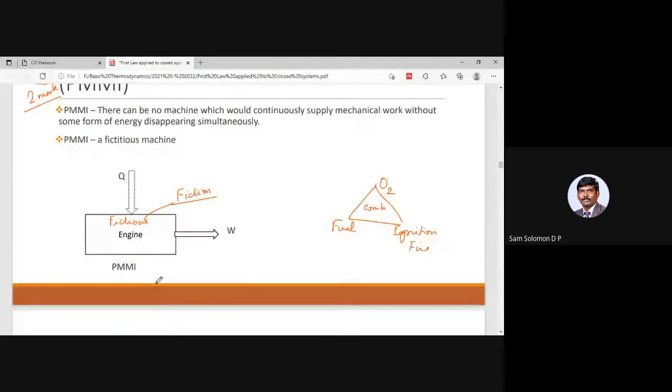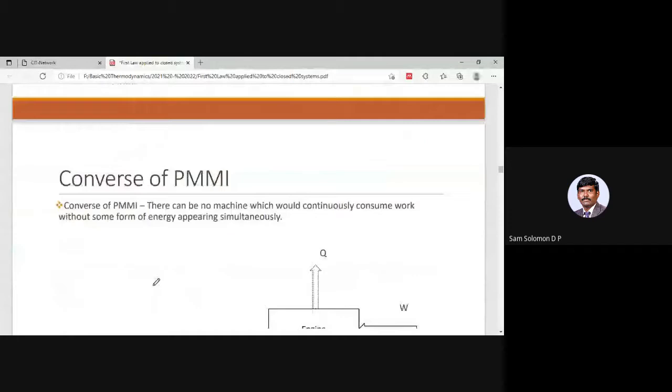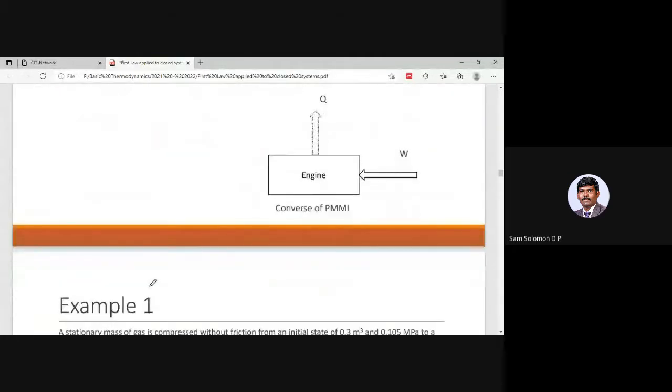And there is a converse of this. The reverse of this is you cannot have an engine which is continuously taking in work but not giving out heat. This is a very simple example. You can take the example of a fan, or tube light, any electrical device.